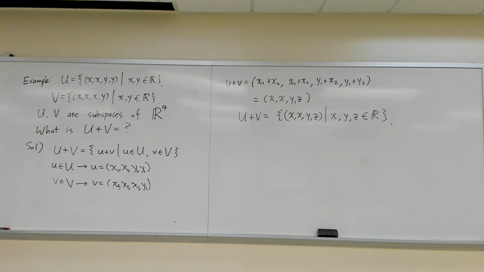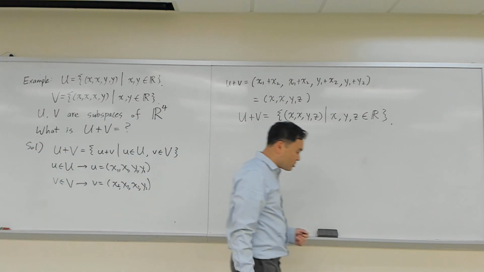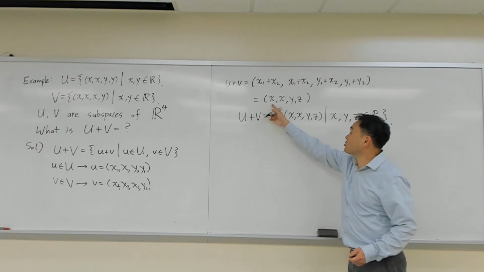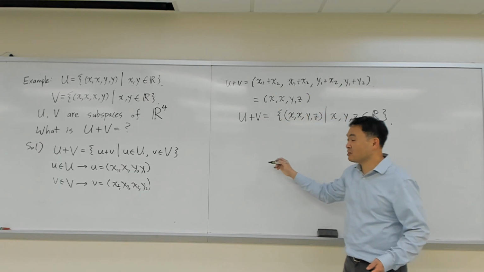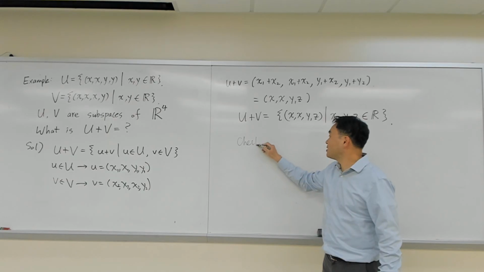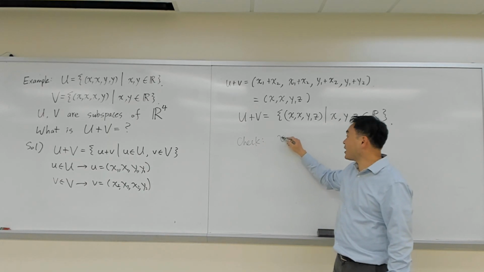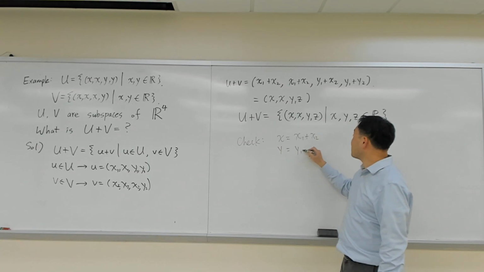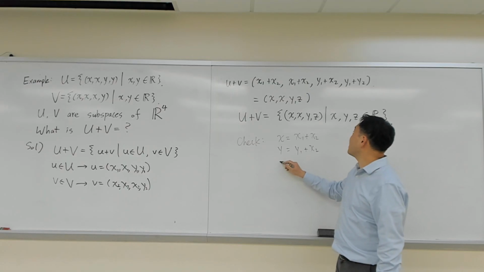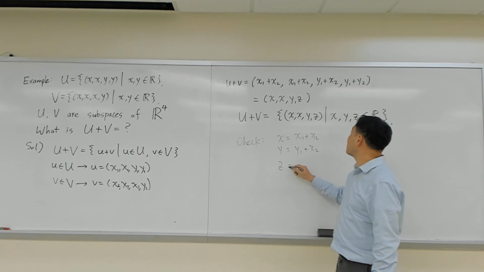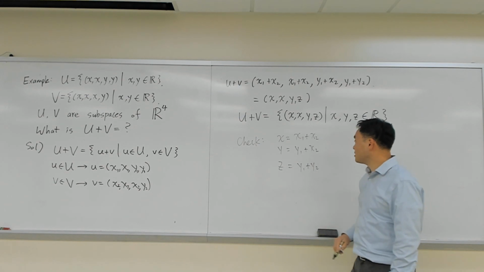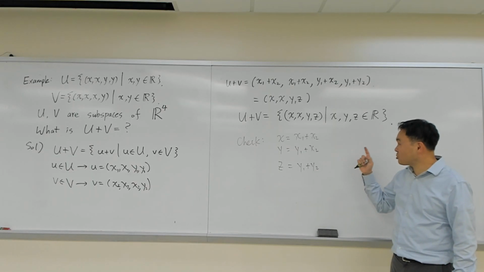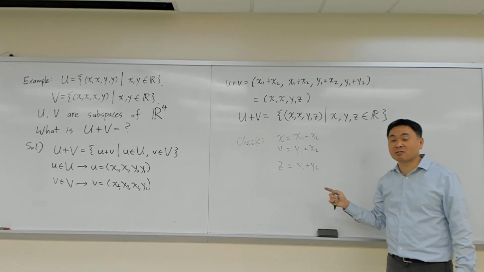That's what you get. Now, some of you might still be puzzled. How do you know that you can represent anything that looks like this in this format? Well, let's just check. I'm saying x is x1 plus x2, y is y1 plus x2, and z is equal to y1 plus y2. For any triple of numbers x, y, and z, can you find x1, x2, y1, y2 that would satisfy this?